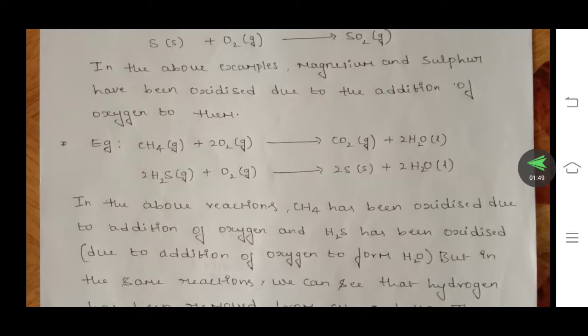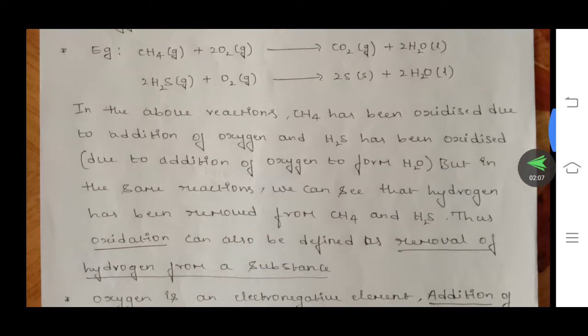See, in the above reactions, CH4 has been oxidized due to addition of oxygen, and H2S has been oxidized due to addition of oxygen to form H2O. But in the same reactions, we can see that hydrogen has been removed from CH4 and H2S.